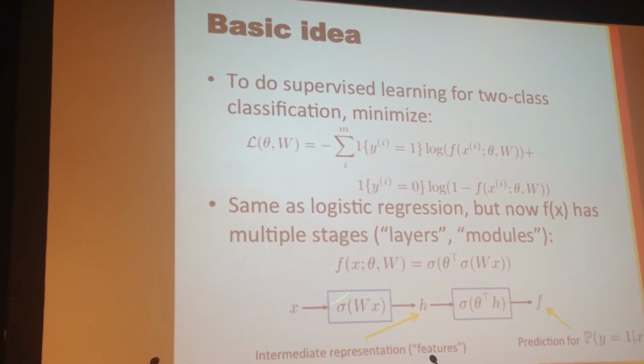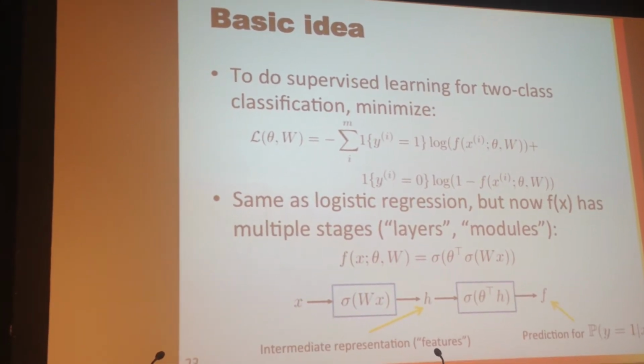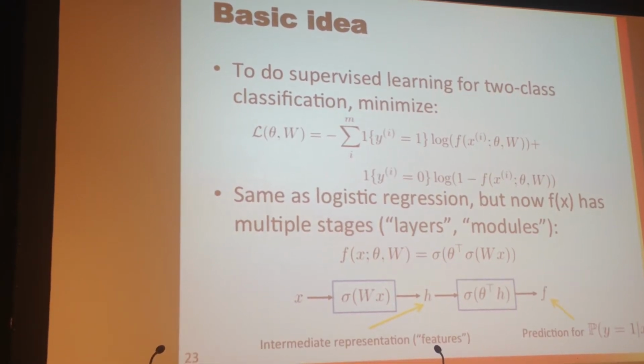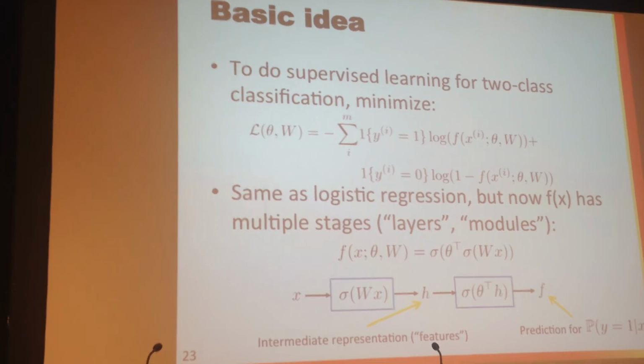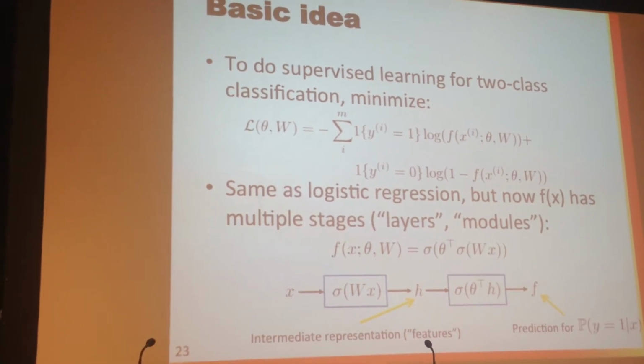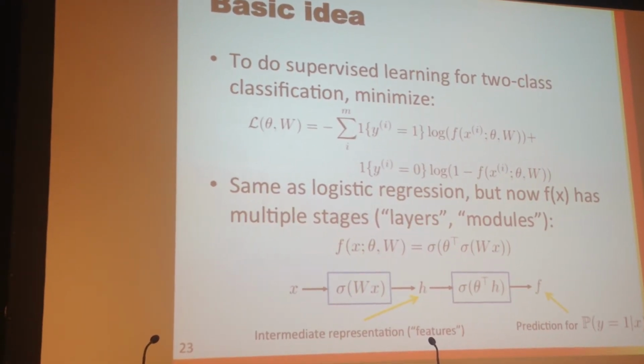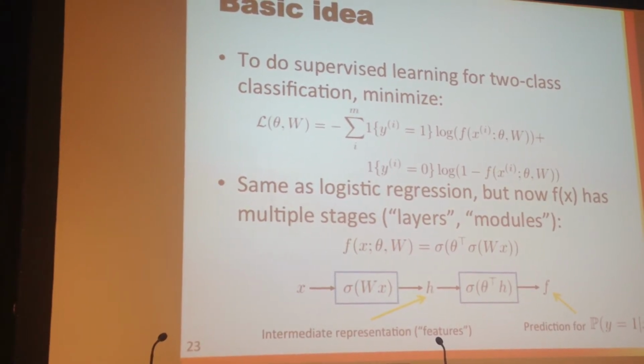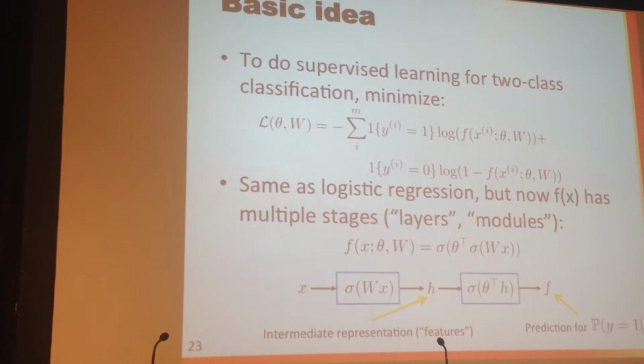You can think of this as having two different pieces strung together. I can think of X as going into this first function and getting multiplied by W. It's just a linear function. And then followed by this sigmoid nonlinearity, this S-shaped curve. And then taking that and just calling it an intermediate value, save it into the variable h.